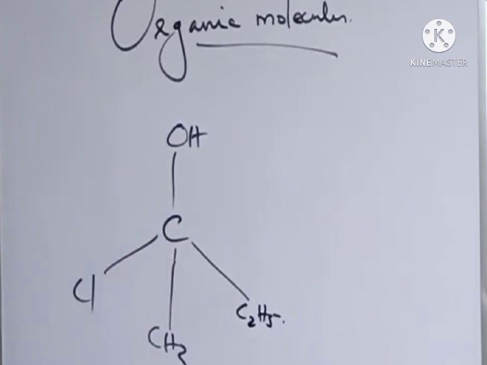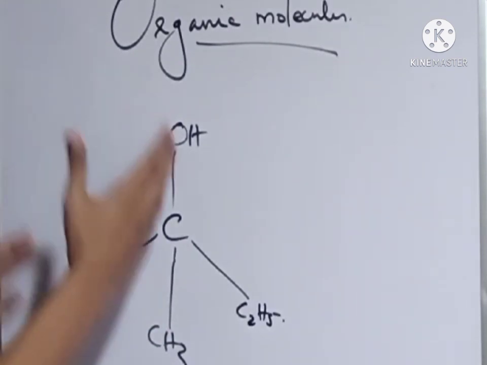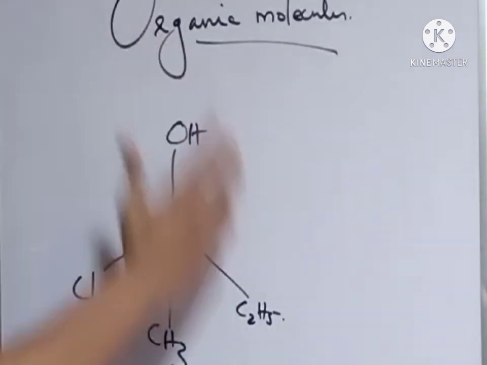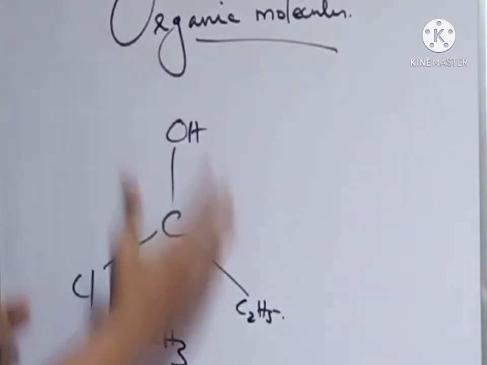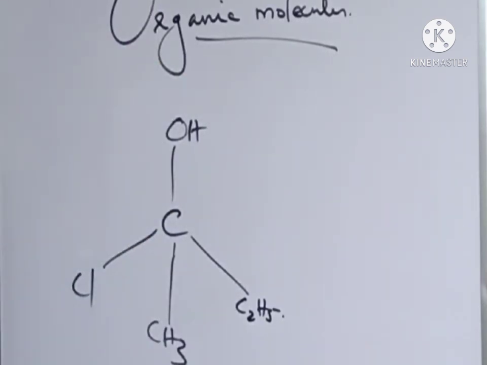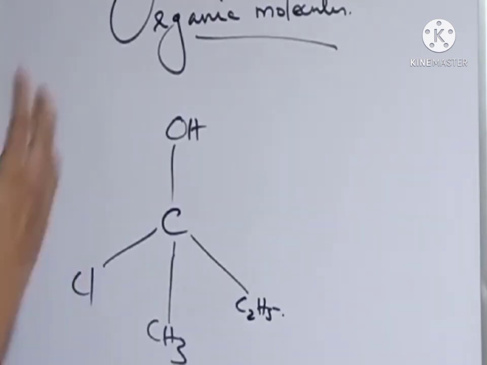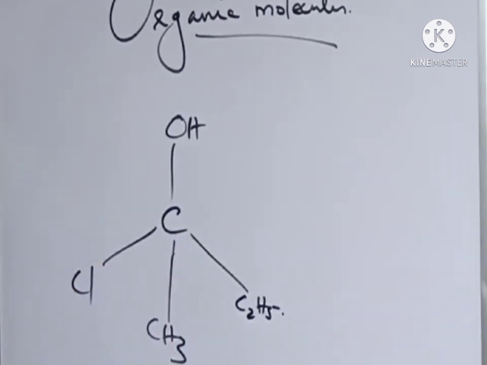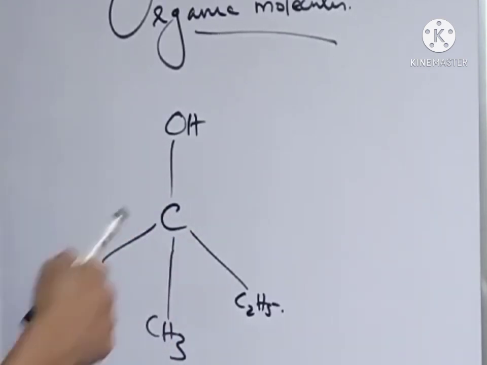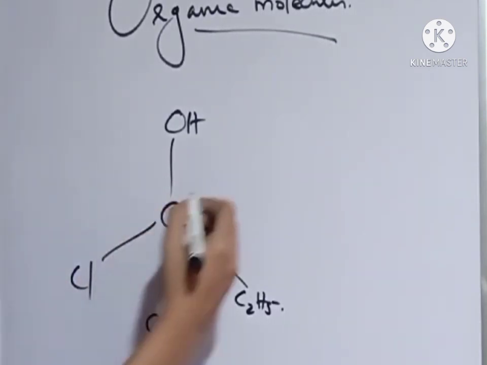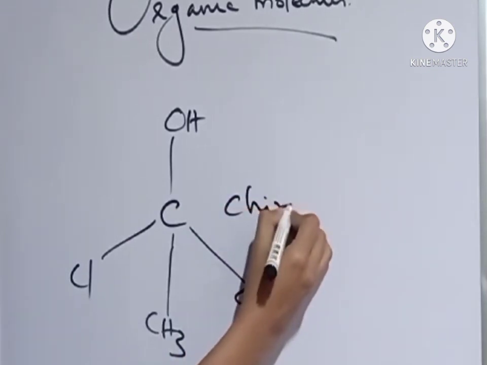This carbon is said to be chiral because this tetravalent carbon is attached to 4 different groups. If we look at this example, we can clearly say that this molecule does not possess any elements of symmetry. And the carbon which is attached to 4 different groups, the center carbon, is called chiral carbon.